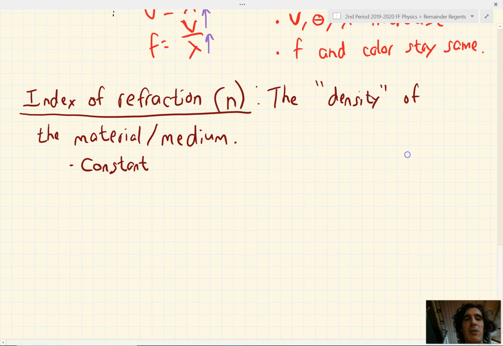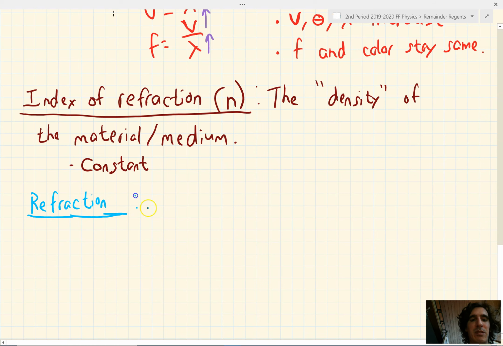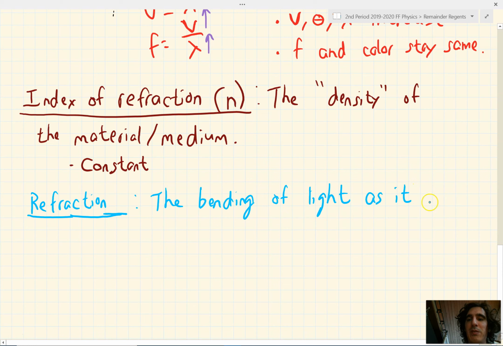Let's also define the word refraction while we're at it. And refraction is the bending of light as it enters a new medium, and the key word here is that it has to be at an angle.